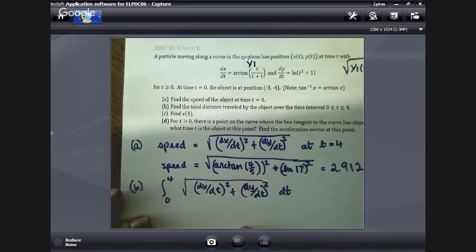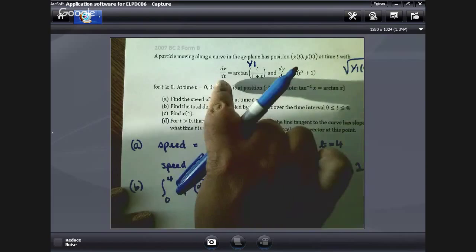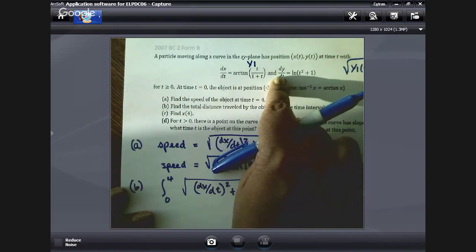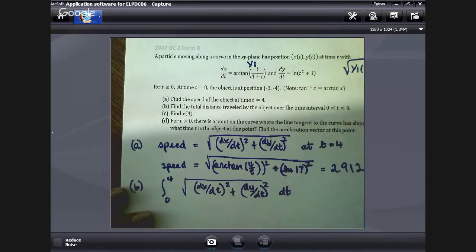Notice that on the actual exam, you could write this and get full credit for the integrand, or the integral, since the exam has defined dx/dt and dy/dt as these two functions. In other words, you don't have to write the functions over again if you don't want to.